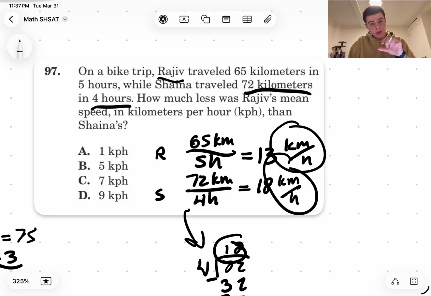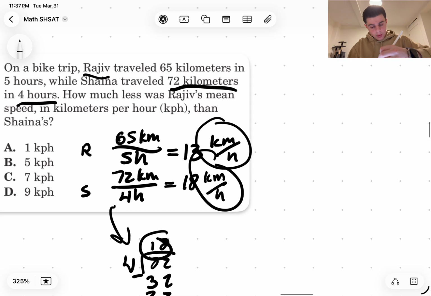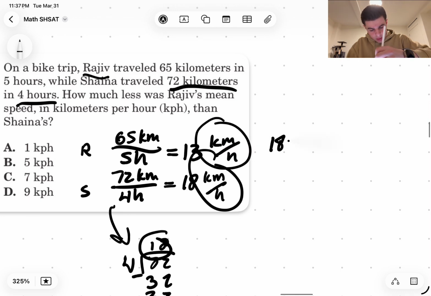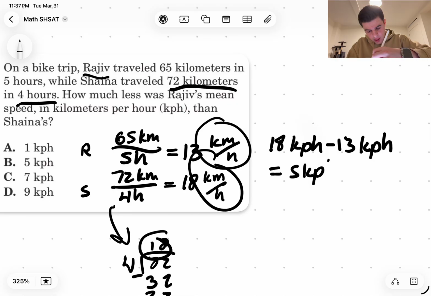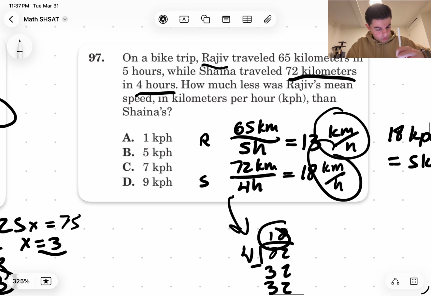If we had different units, then we couldn't simplify this. So because you write down your units, you can verify that what you're doing is correct. So now we have 18 kph, that's equivalent to kilometers per hour, minus 13 kph. So that's just equal to 5 kph, which is answer choice B.